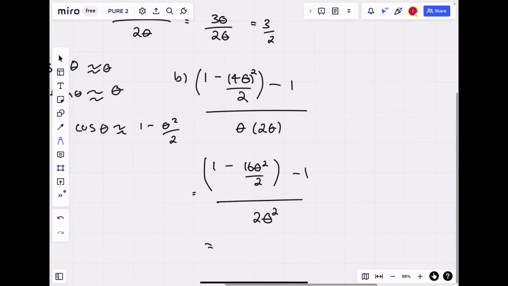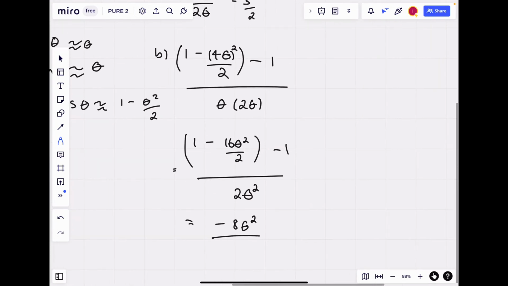So 1 minus 1 is 0, and 16 over 2 is 8. So we're left with 8 theta squared over 2 theta squared. So theta squares cancel out. Minus 8 over 2, minus 4. There you go. That's your answer.